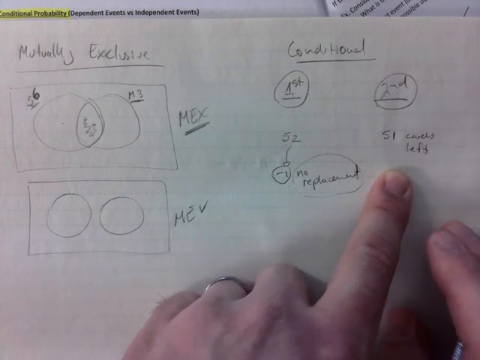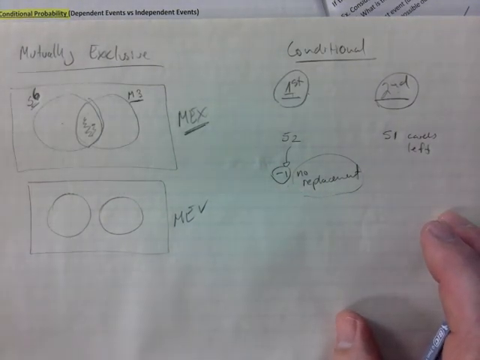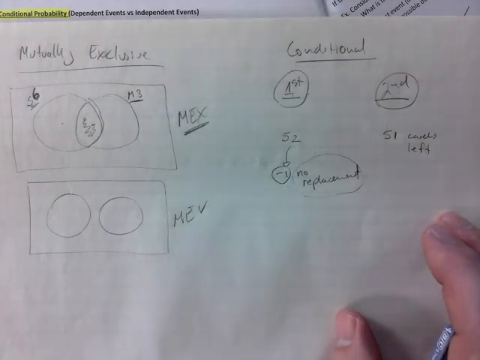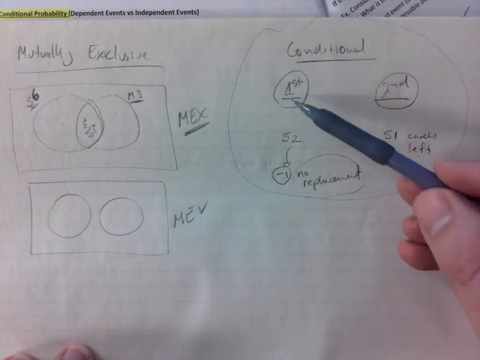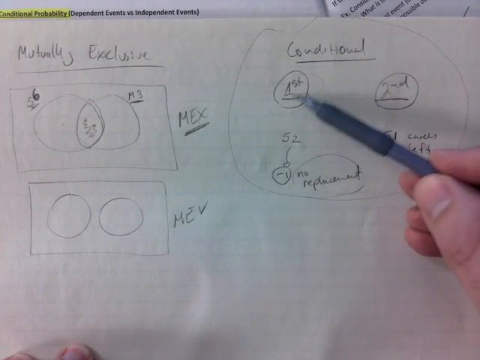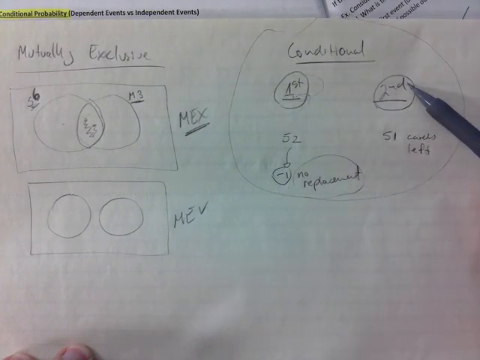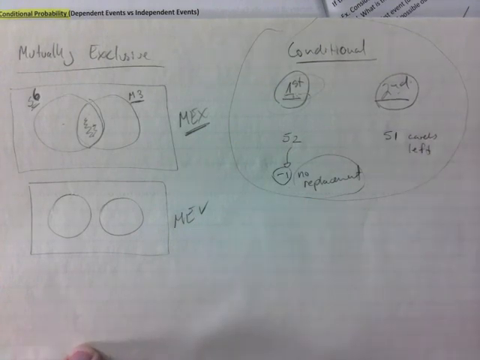And this could continue on. If I went around the class and everybody grabbed a card, every time somebody grabs the card and it's not replaced, the probability for the next person changes. So this is what we're dealing with here. We're wondering, is what happens here going to affect my second or not? I can tell you this.